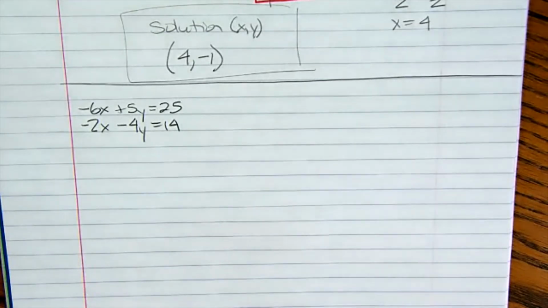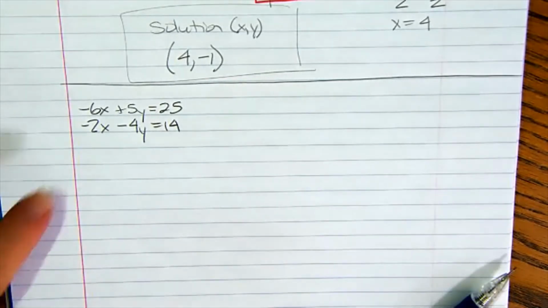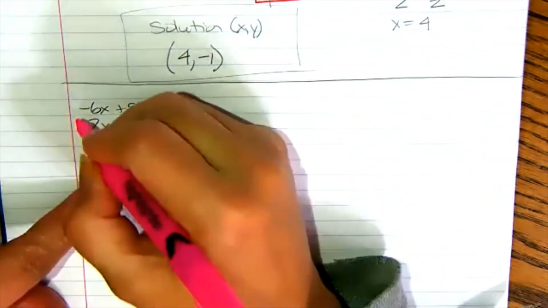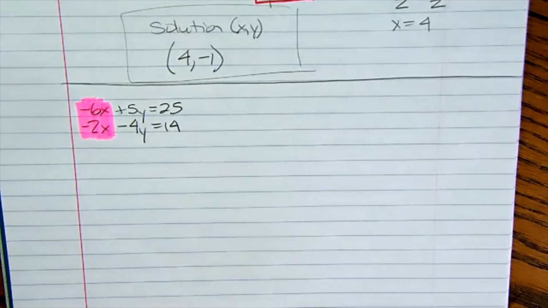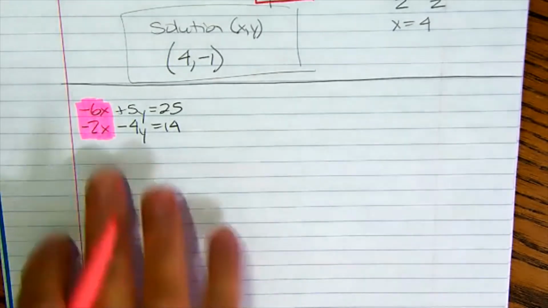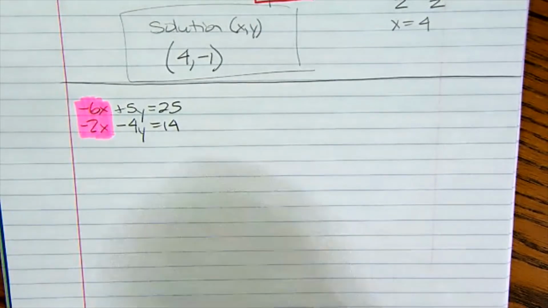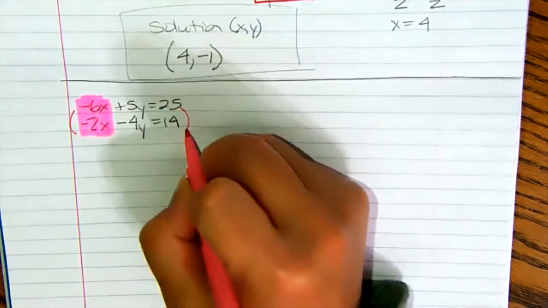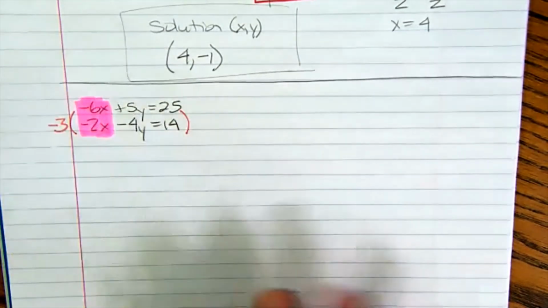So when I'm looking at this, I'm sitting here thinking, oh, if only this negative 2x was a positive 6x. Is there something I can do to make this negative 2x a positive 6x? Why, yes, there is. We can multiply that whole equation by negative 3.